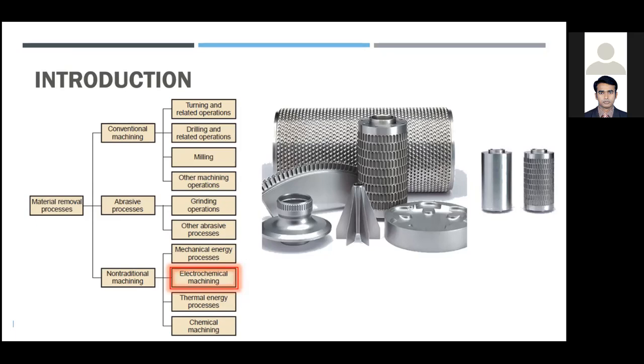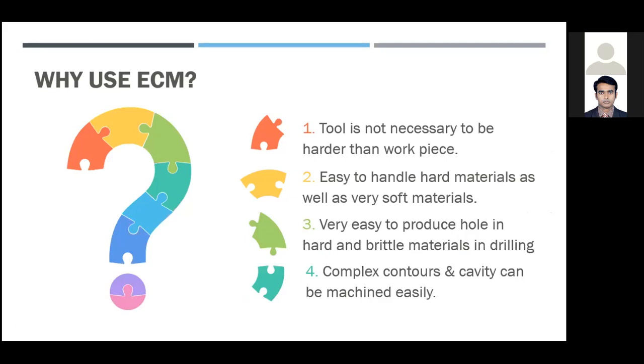We have many conventional machining processes, but why do we need to use a non-conventional machining process? Here I am trying to find out some of the reasons behind this. We know that the tool must be at least 30% harder than the workpiece in the conventional method, but in the electrochemical machining process, the tool does not need to be harder than the workpiece.